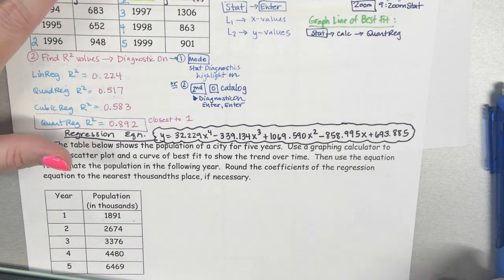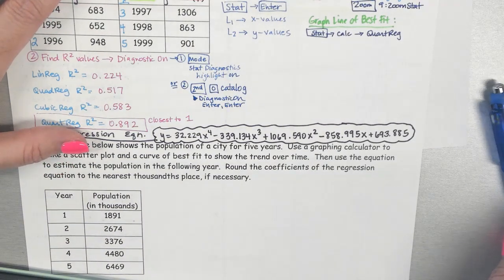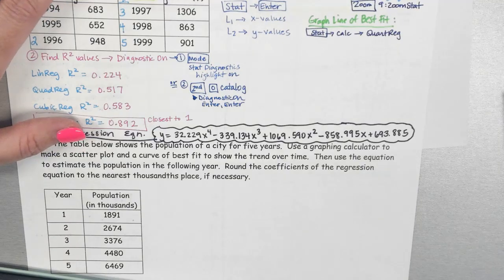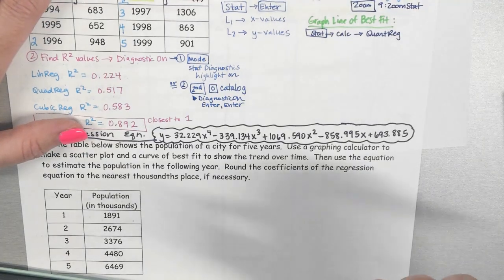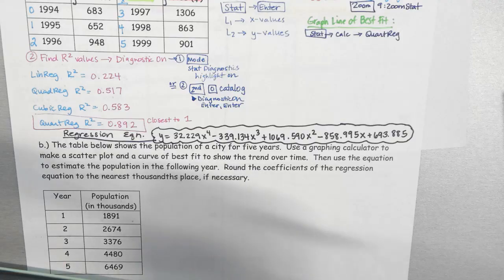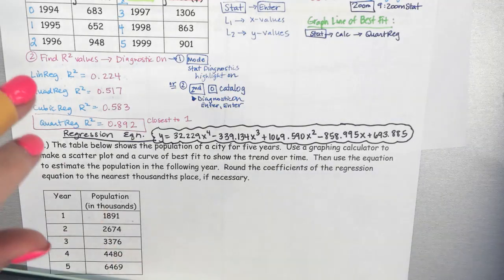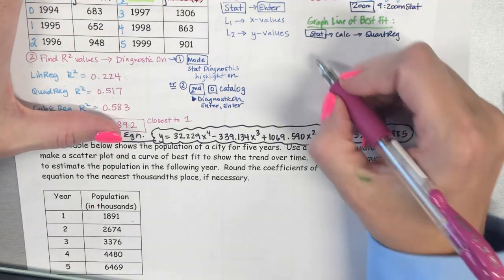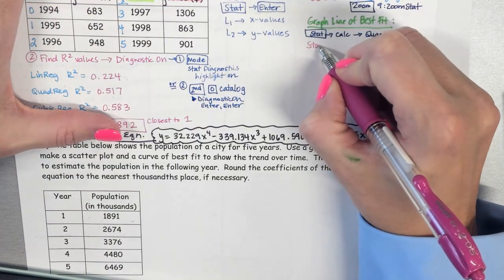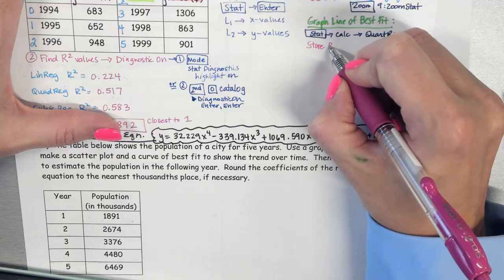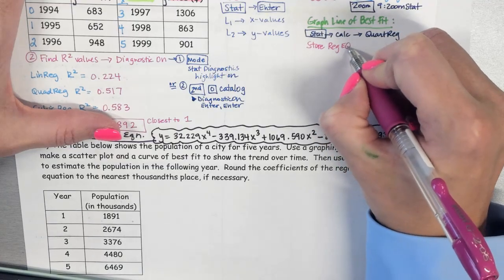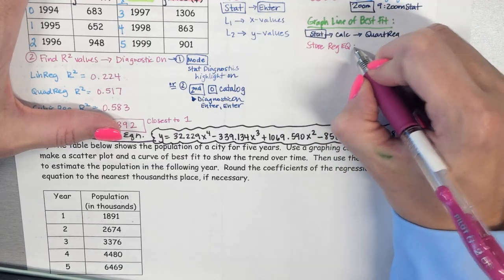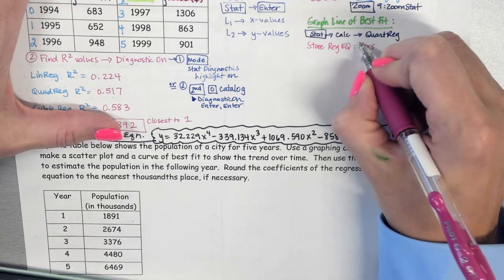Okay, so we're going to store this regression equation. So to store the regression equation, we're going to use what is called vars for variables. We're just going to write down some quick notes and then we're going to do this together.